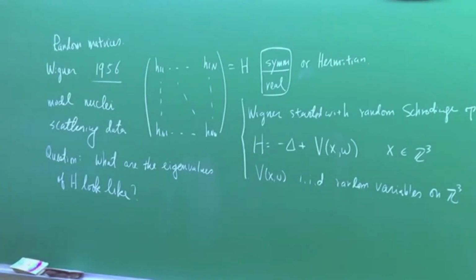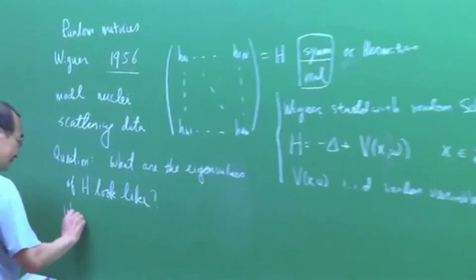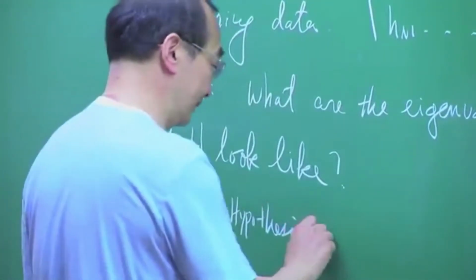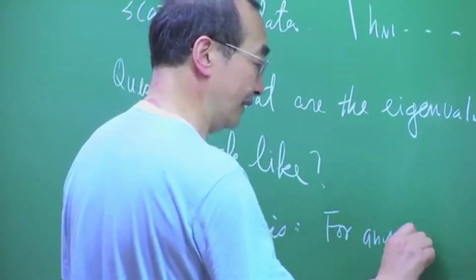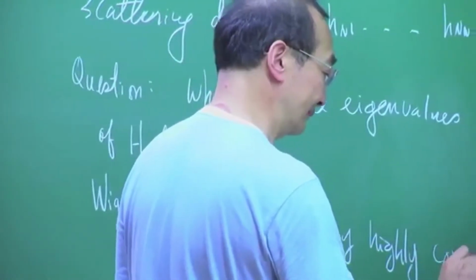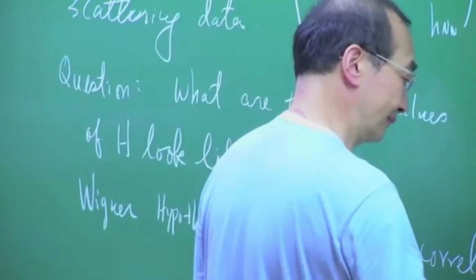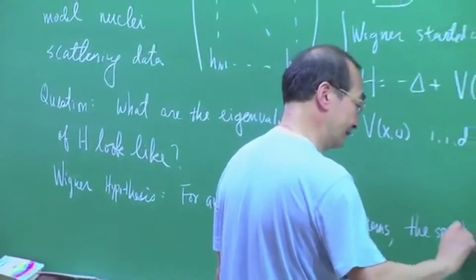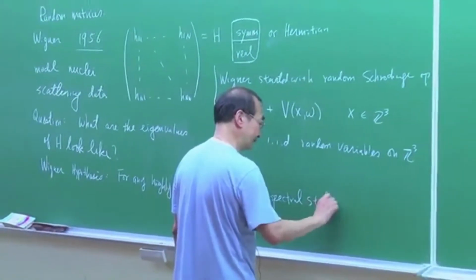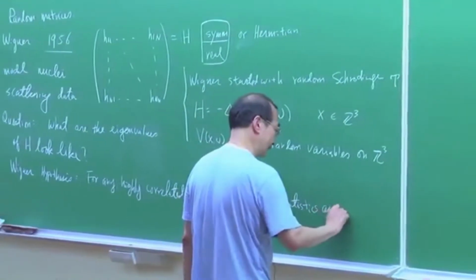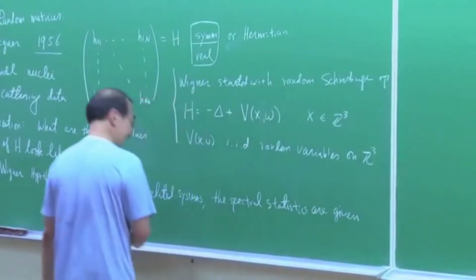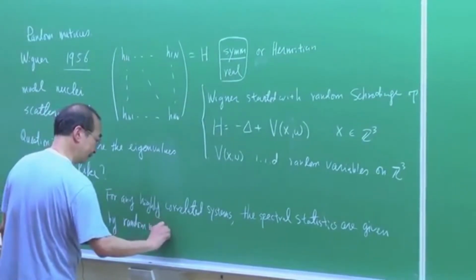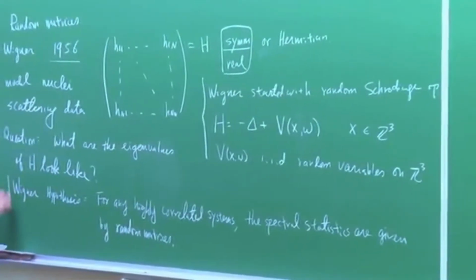And what we're going to claim is Wigner's claim, this hypothesis: for any highly correlated system, the spectral statistics are given by random matrices. So this is a grand hypothesis.